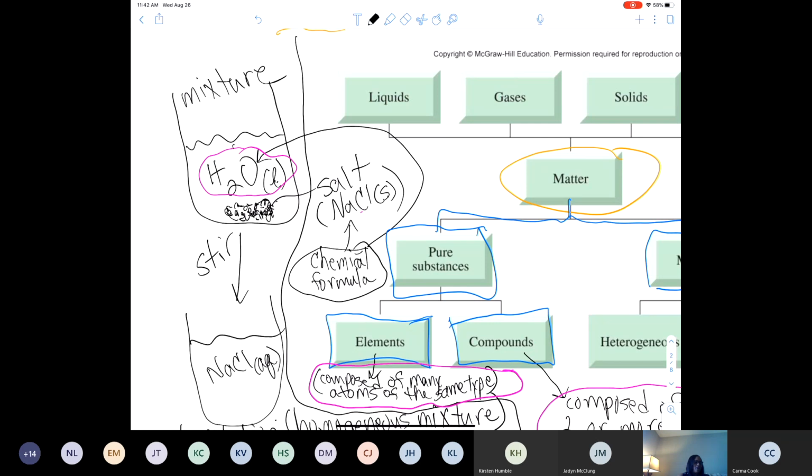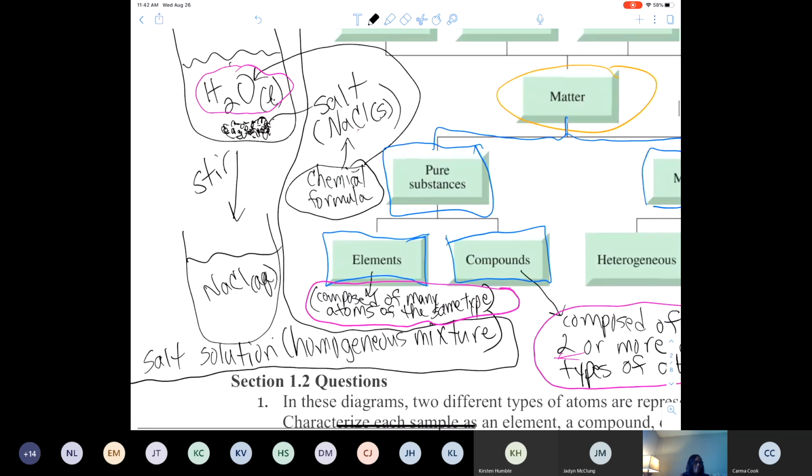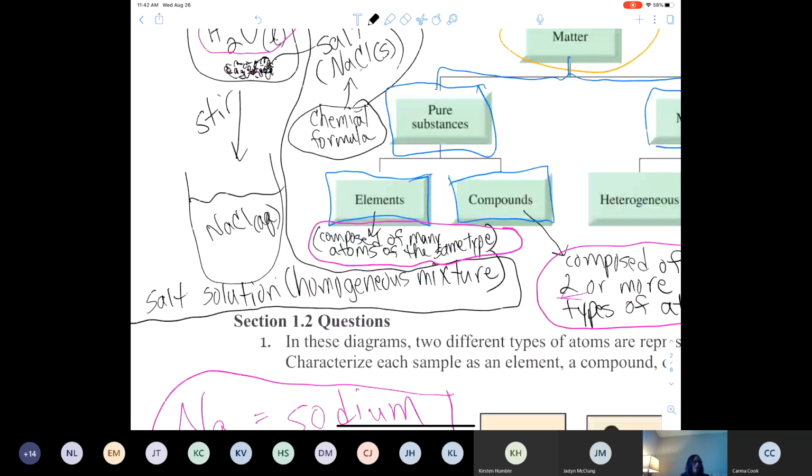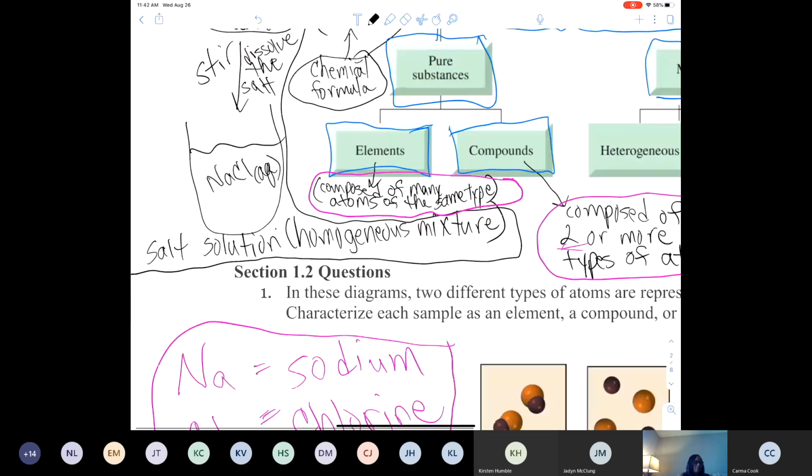And then when I stir, the salt dissolves. And now I have what's called a salt solution, which is a homogeneous mixture.